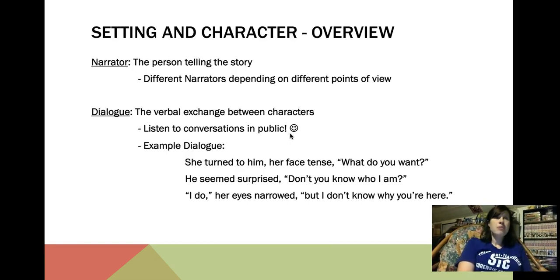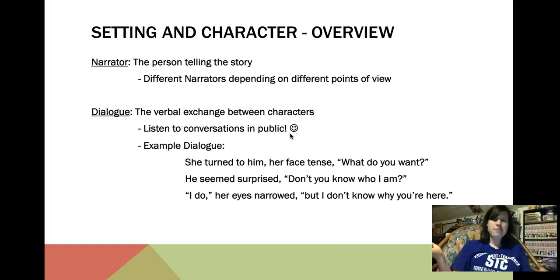You can tell that sometimes authors write dialogue just as book people talk, but not how real people talk. And I would say Stephen King's a good example of this. If you ever read Stephen King's work, you might notice that his dialogue is very embellished and elaborate. And then when you think about it, you're like, would people in real life actually talk like that?